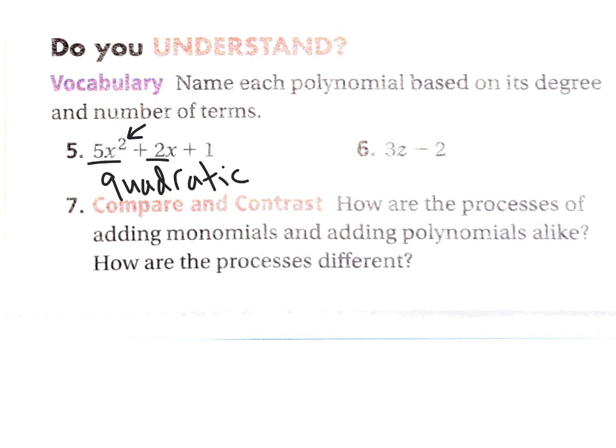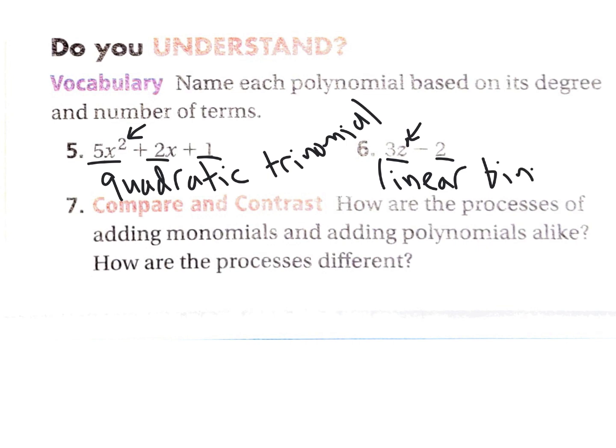And there are 3 terms, which means it's a trinomial. And then number 6, highest exponent is 1, which we don't really see, but that makes it linear. And there's 2 terms, would be binomial. So linear binomial.